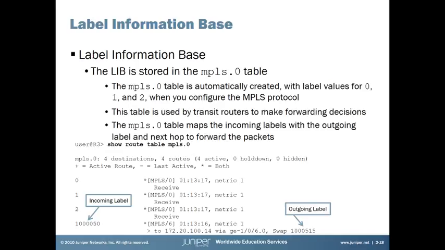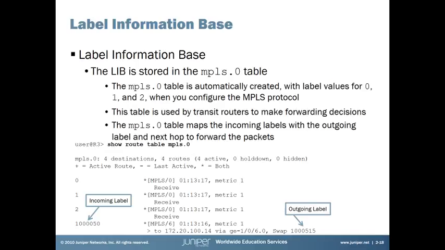Okay, so just recapping there, we have this table which is automatically created when we configure MPLS. It's used by transit routers to make forwarding decisions. What's a transit router? That's any router that is in a label switch path, so a router that is not the ingress router and not the egress router, but somewhere in between.